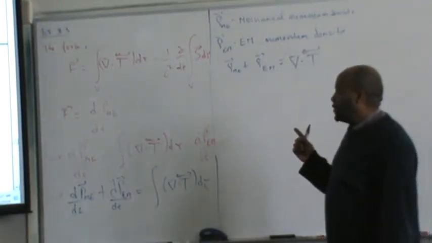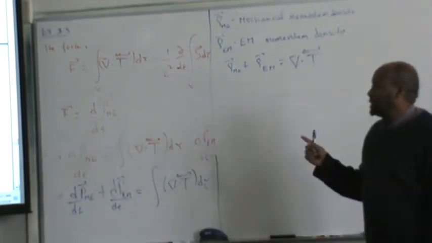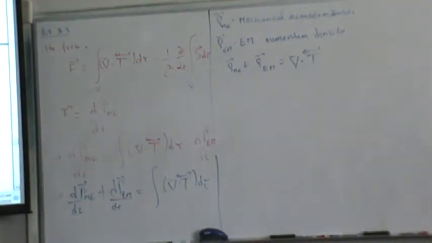The inner conductor carries a uniform charge per unit length lambda and a steady current I to the right, and the outer conductor has the opposite charge and current. What is the electromagnetic momentum stored in the fields?